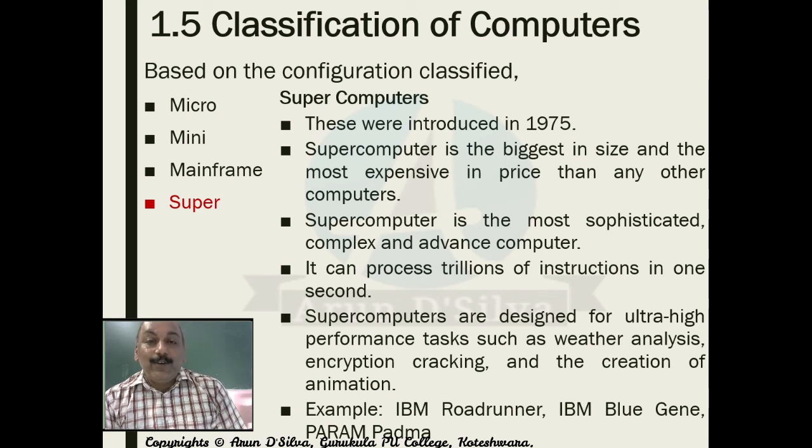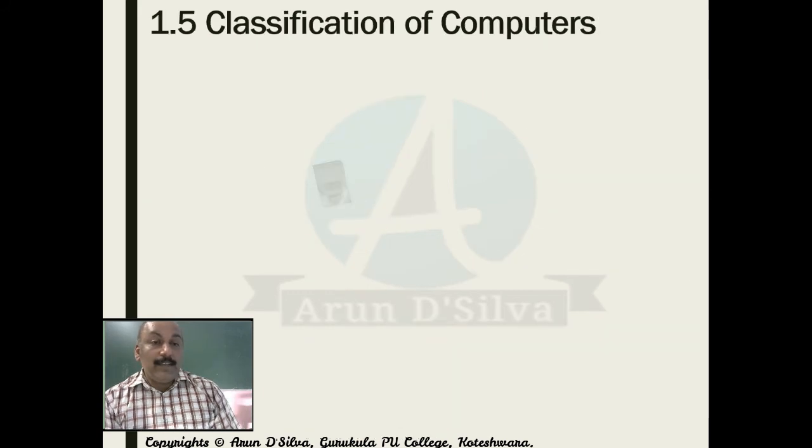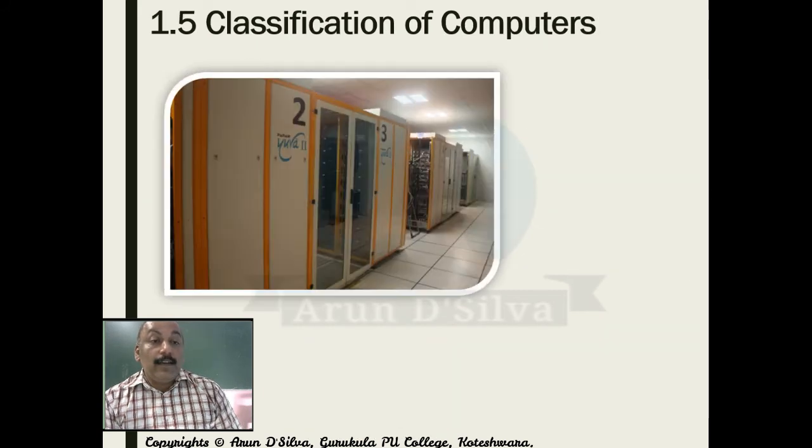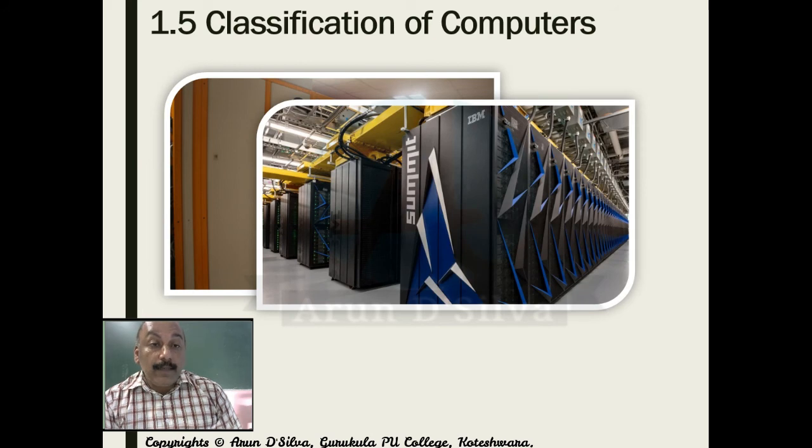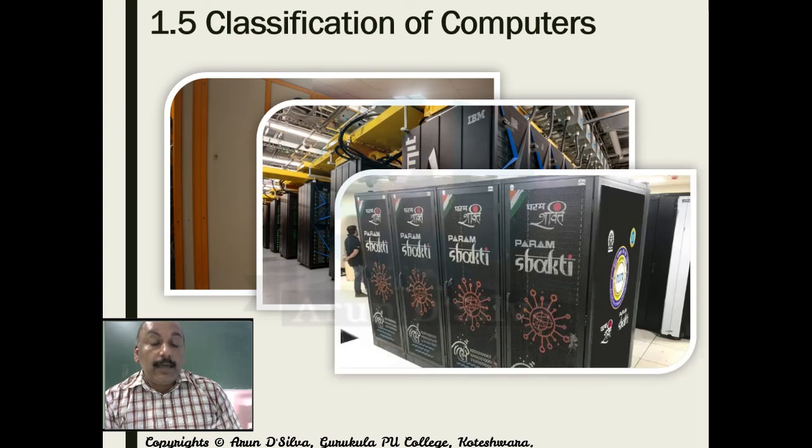This is Param Yuva 2, which is there in India. And this is an IBM one, which is a supercomputer. This is again Param Shakti in India, which is installed. So these are the supercomputers.